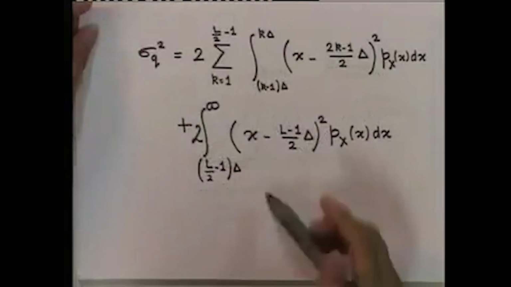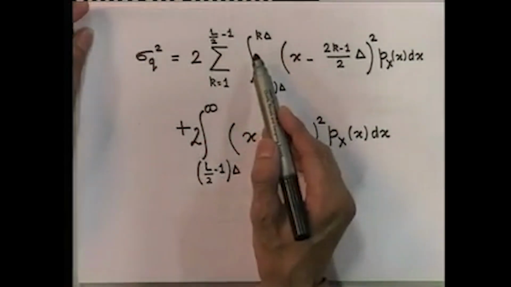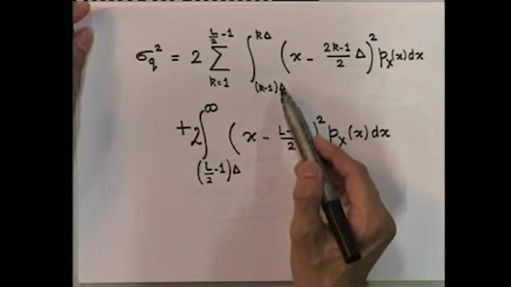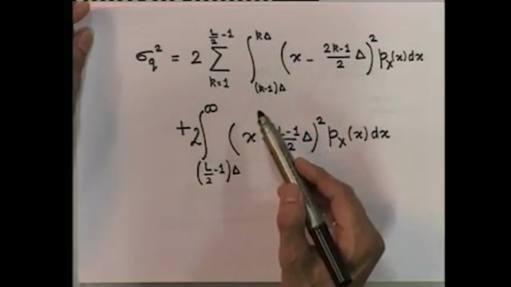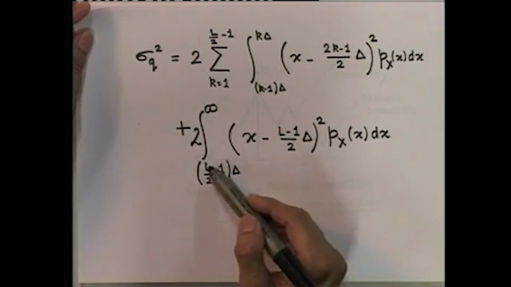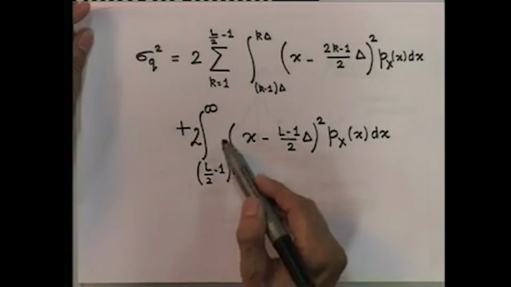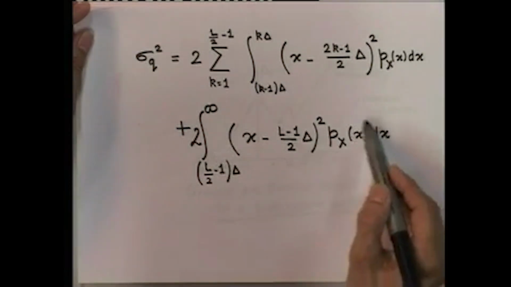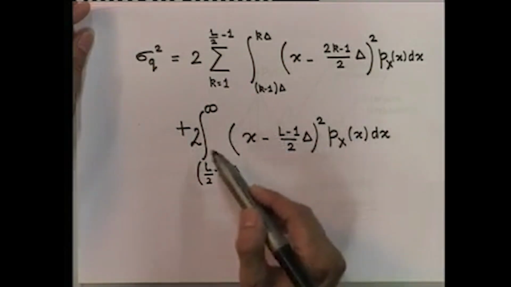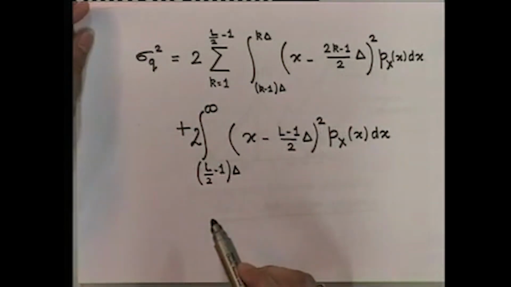Now, from this equation, it is clear that if we increase the step size delta, this will result in an increase in the value of L by 2 minus 1 times delta, which in turn will result in decrease in the overall overload probability and therefore, the overload noise.